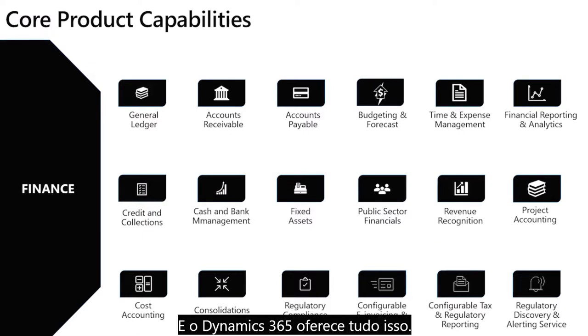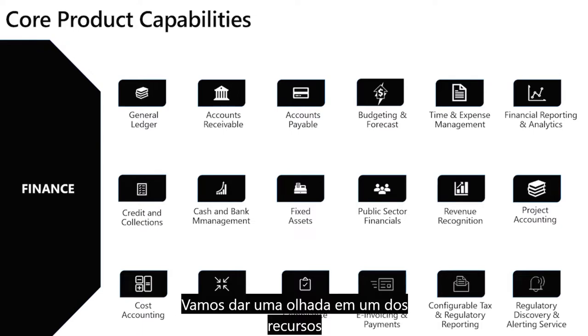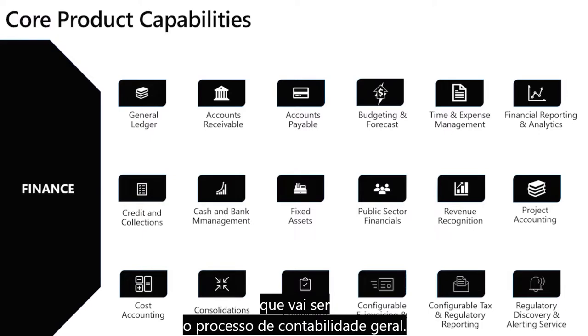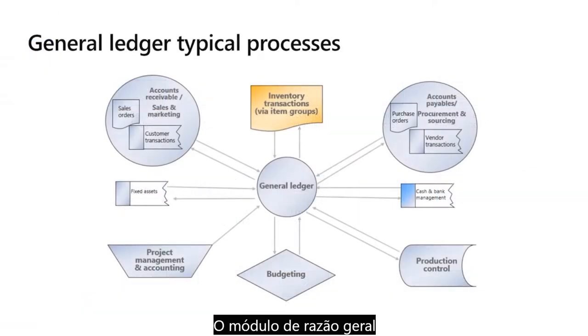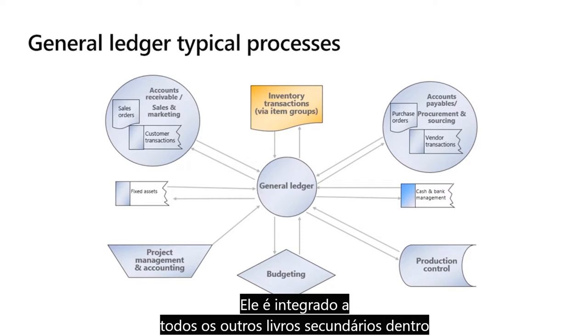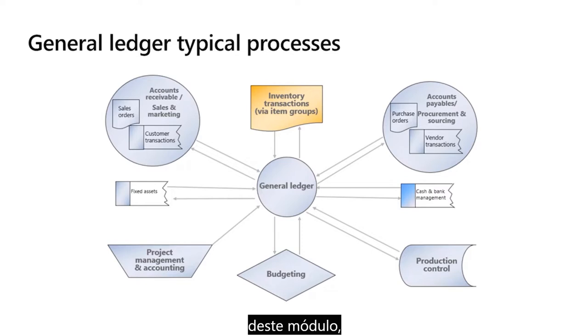And Dynamics 365 offers all of this. Let's take a look at one of the features, which is going to be the general ledger process. Now, the general ledger module is one of the core, it's really the core of Dynamics 365 Finance. It is integrated with all the other subledgers within this module.